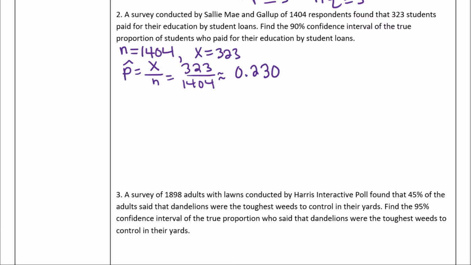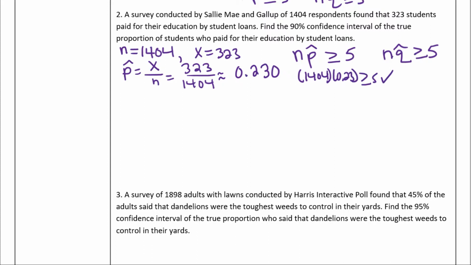We had to check to see that n times p hat is greater than or equal to 5. And the same for this guy. All right, so 1404 times 0.23 is definitely greater than or equal to 5. So we don't have to worry about that.